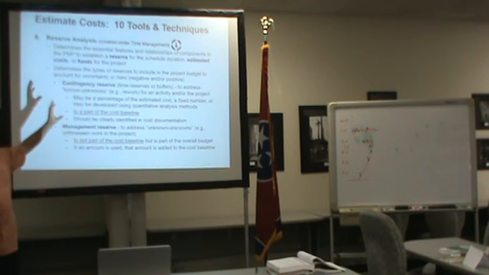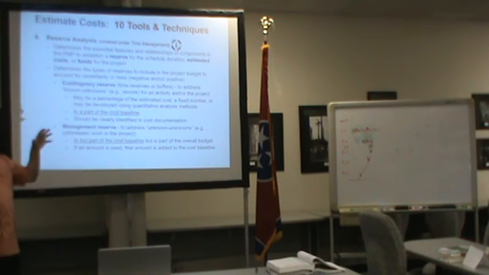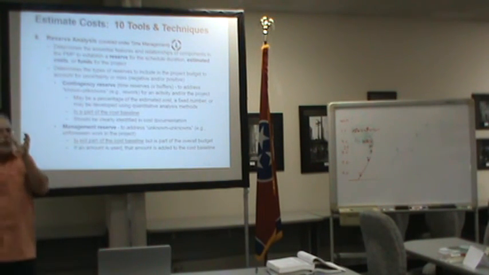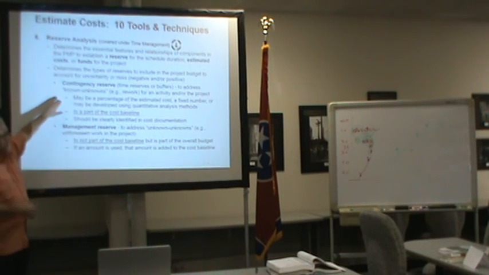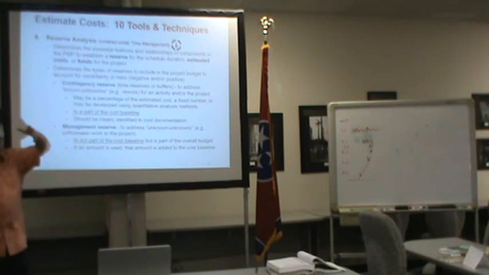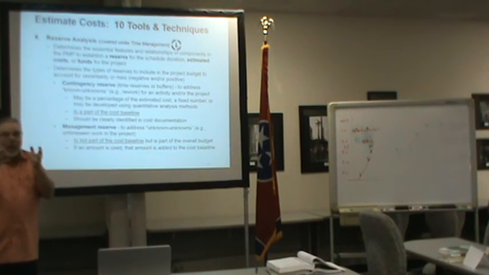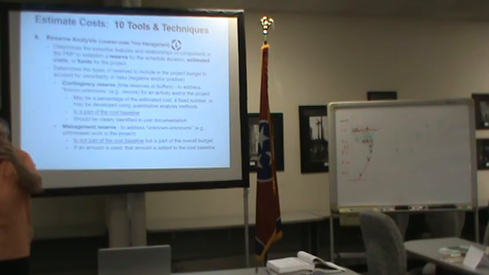In the project management world, we identify risks. And if we identify a risk, it's a known unknown. We don't know what's going to happen or if it's even going to happen, but it's an identified concern. And we're going to attach an amount of money to that. And that's going to become our contingency reserve.